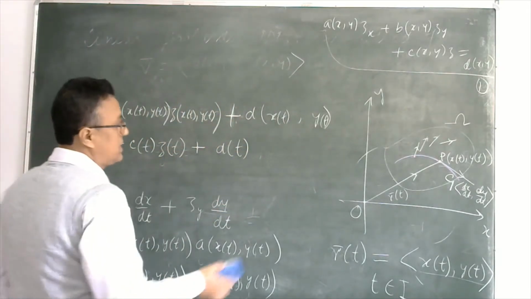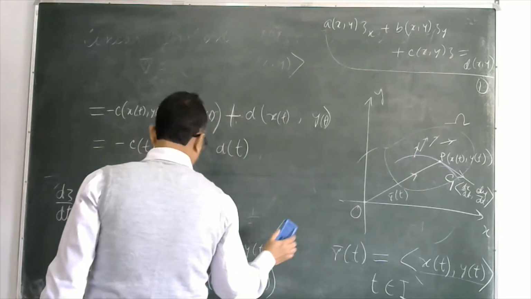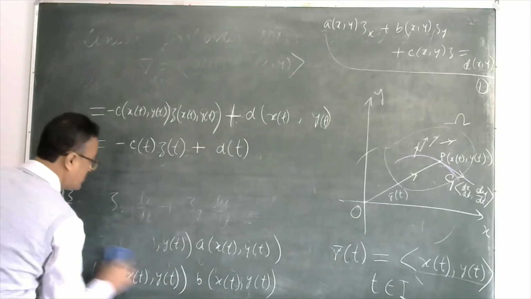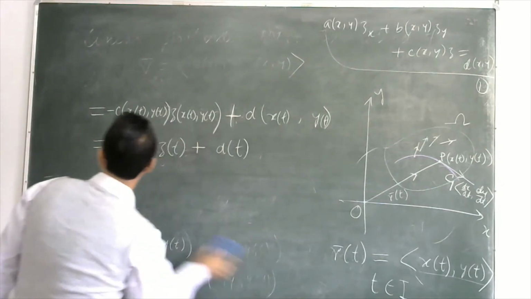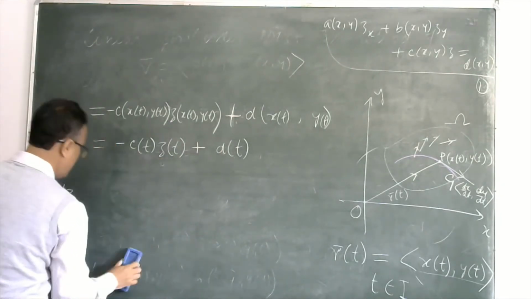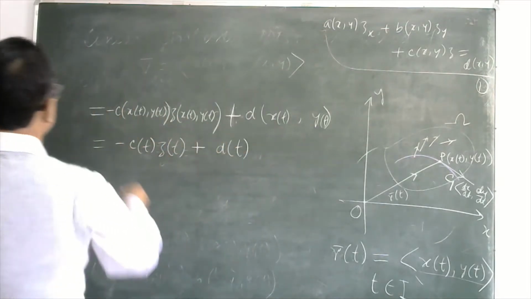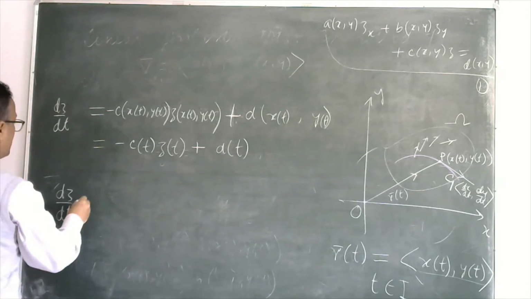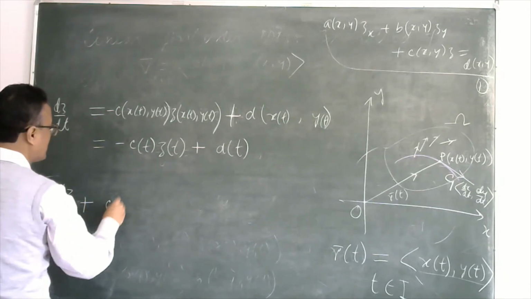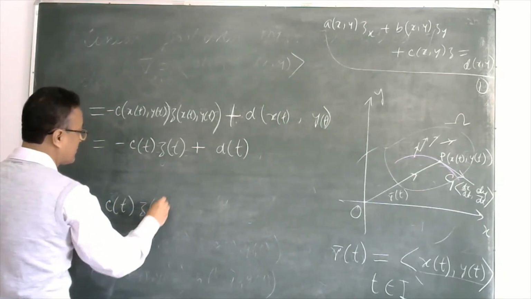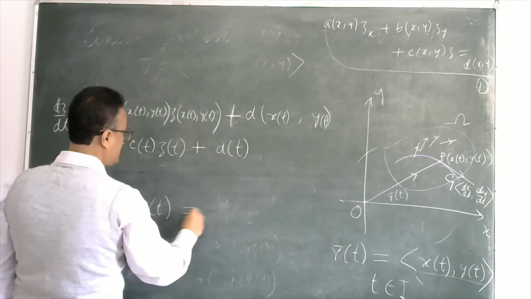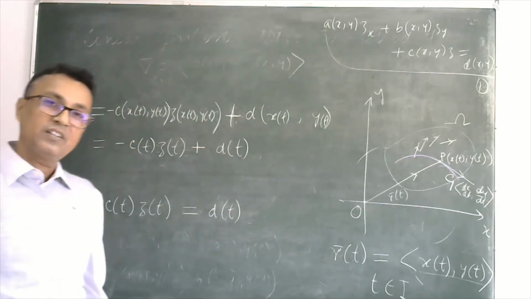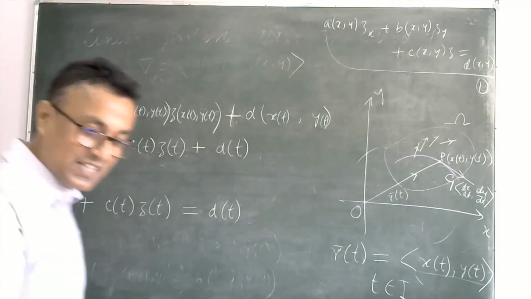So what is happening out here along the curve C1? Eventually I am getting dj/dt plus c(t) j(t) equal to d(t). Is it okay? Fine. So what does that tell you?